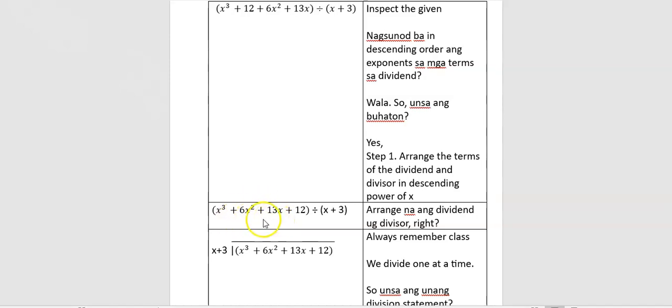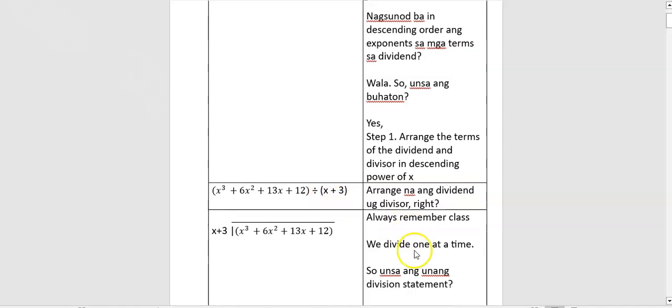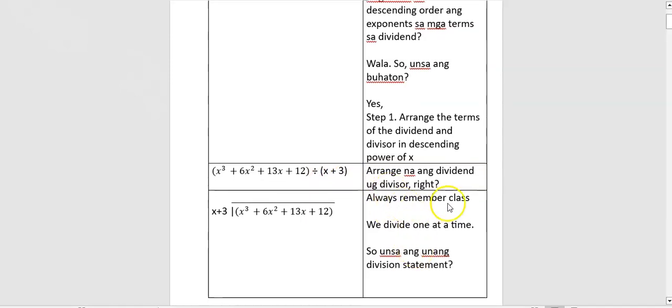And then the third term is positive 13x. Yes, the exponent is 1. And the last term is positive 12. The exponent is 0. So the exponents are now in descending order: 3, 2, 1, 0. In the divisor, the exponent of x is 1, and then 3 has an exponent of 0. Always remember, class, we divide one term at a time.